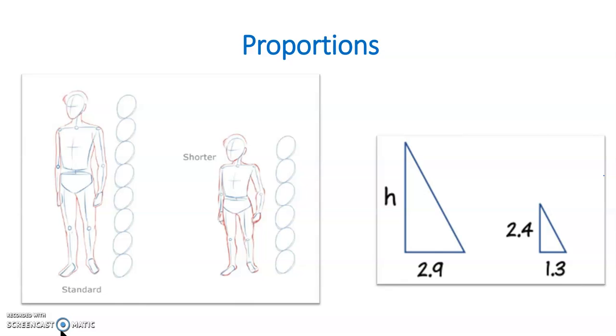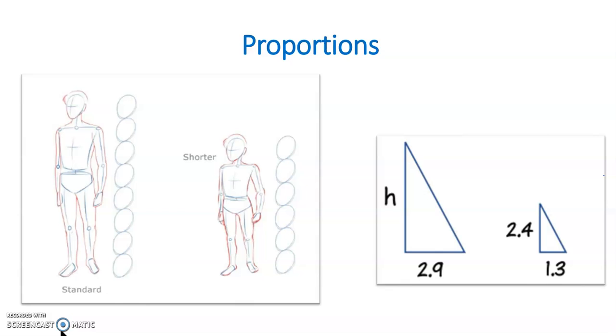Another way we can use proportions in math is to compare things like similar triangles. These triangles have the same shape, but they're different sizes. But the question for us is, how do we find out if they have the same proportions? Meaning, is it possible for us to determine that their bases are proportionate, that their heights are proportionate, that their diagonals are proportionate?